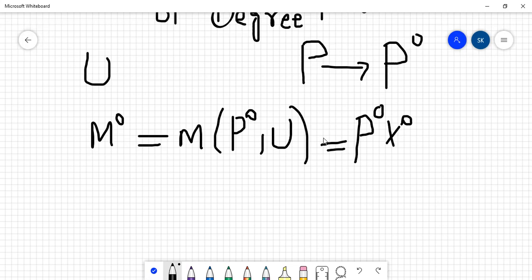Now x naught is the expenditure minimizing bundle at p naught. Suppose this is x1, x2. Now, what is x naught? Suppose the consumer opts to buy both goods at this point. So this point is x naught.